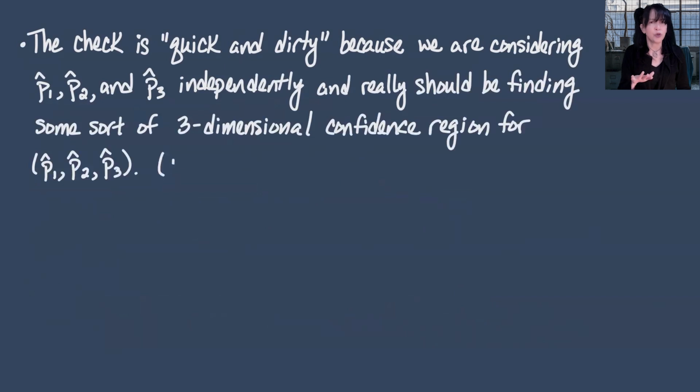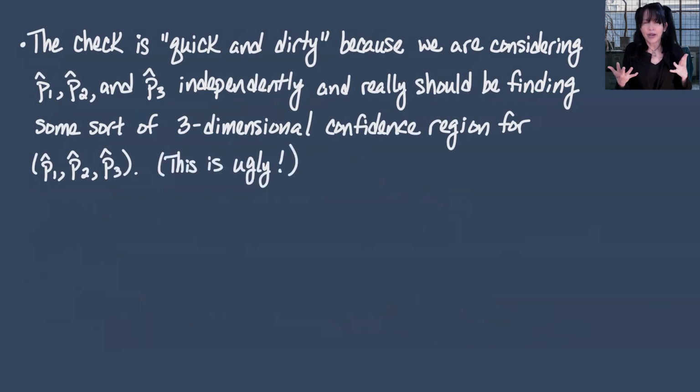And this is super ugly, even for this simple example, and almost impossible for most things I think you're going to want to simulate from. So we're not doing what are usually called simultaneous confidence intervals for P1 hat, P2 hat, and P3 hat. That's why it's just a quick and dirty check, because they really should not be treated as three separate things.